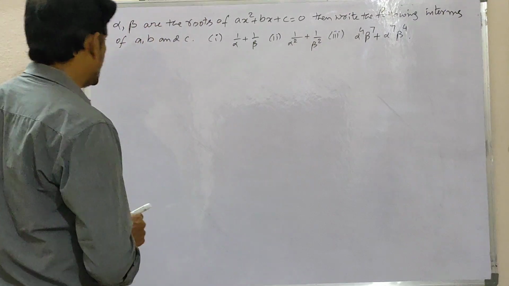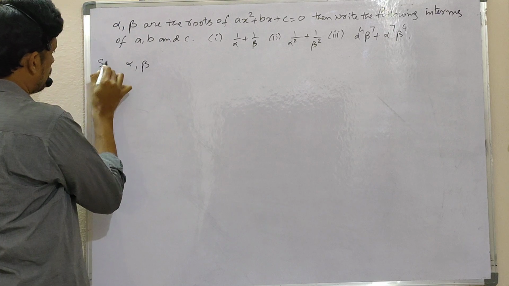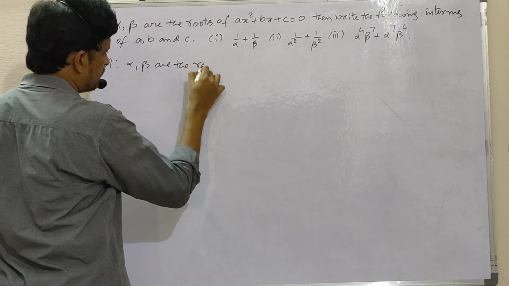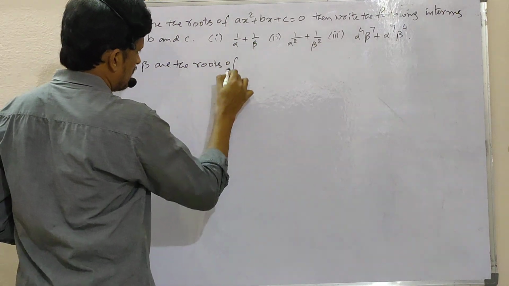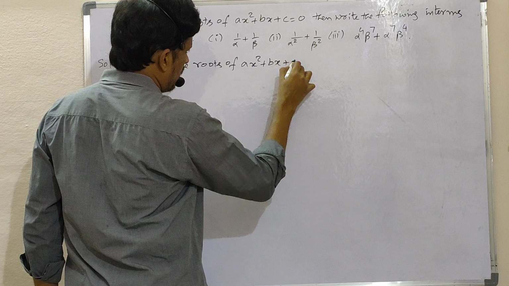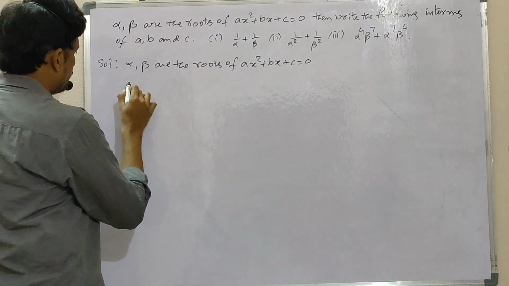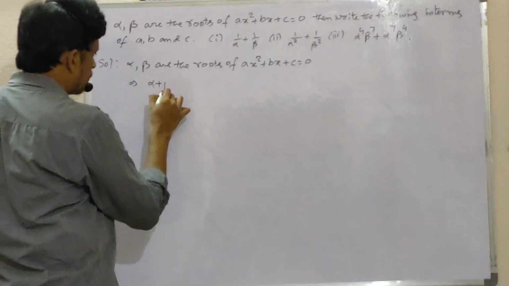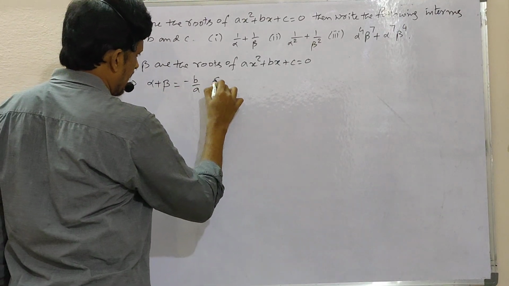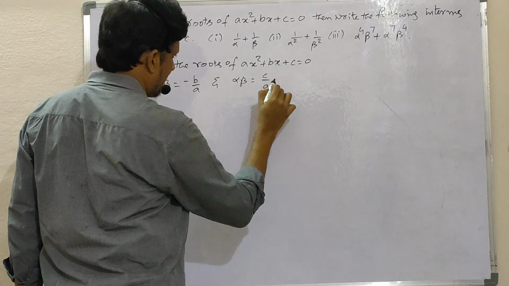Okay then, alpha comma beta, this is the solution here. Alpha comma beta are the roots of ax square plus bx plus c is equal to 0. That is the given quadratic equation. So we can write the sum of the roots alpha plus beta, that is minus b by a, and the product of the roots alpha beta, that is c by a.